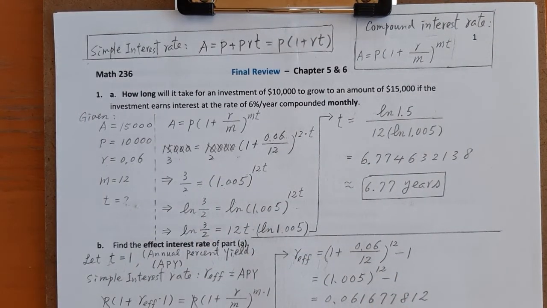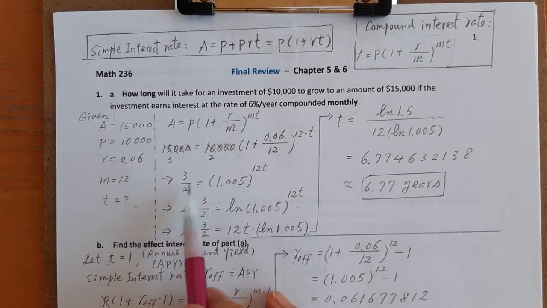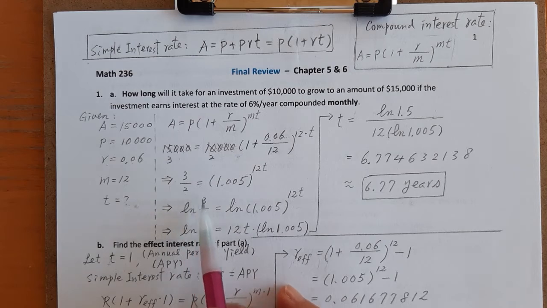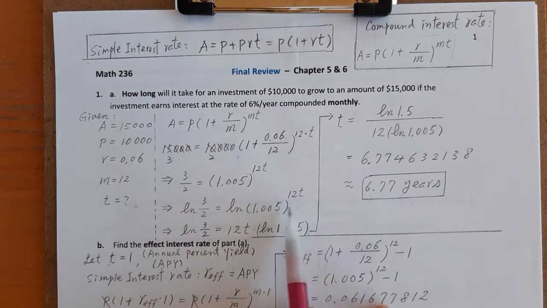To solve for t in this equation, we take the natural logarithm, ln, of both sides. So we got ln 3 over 2 equals ln of the right side.